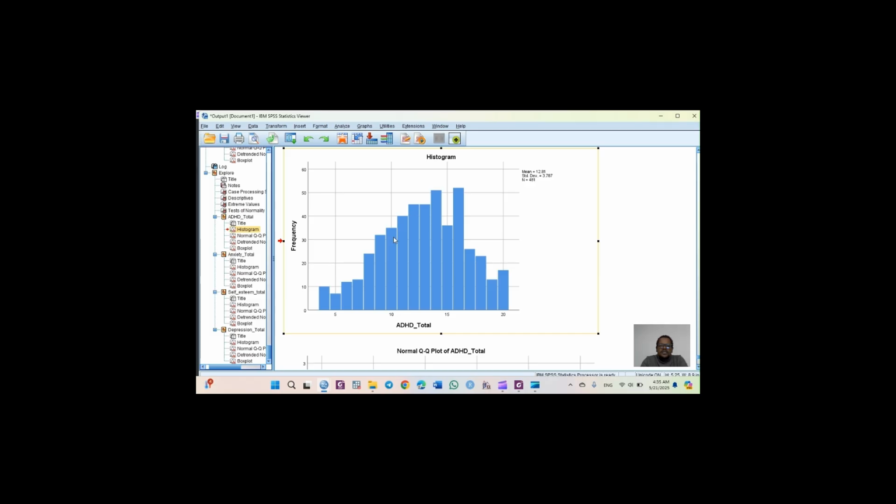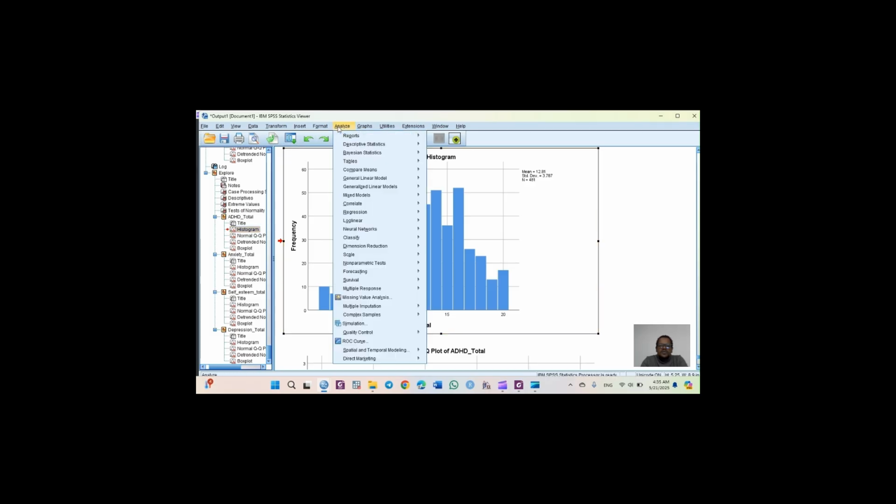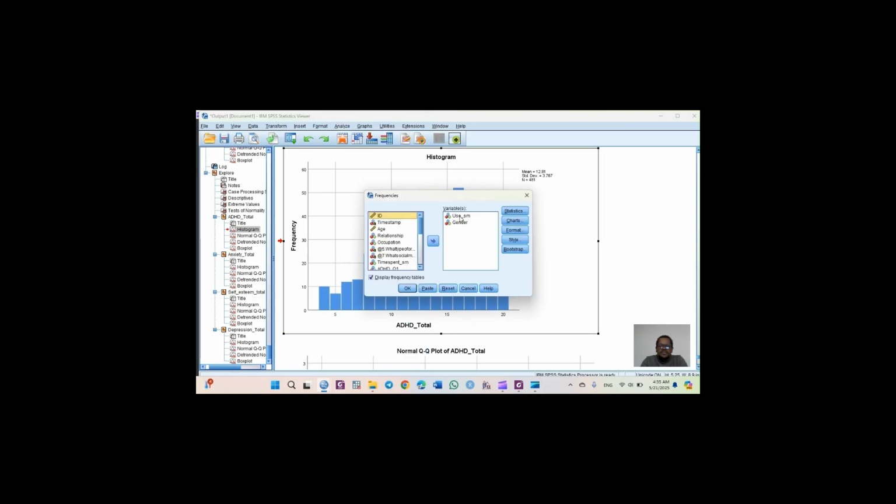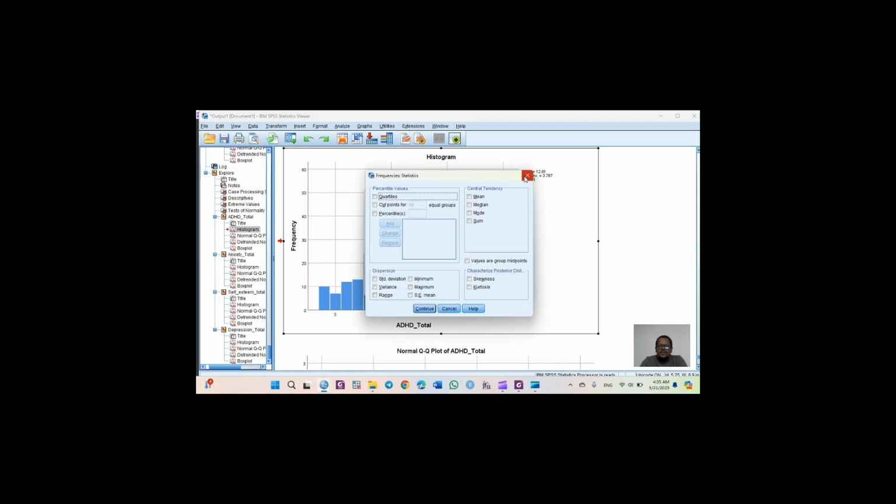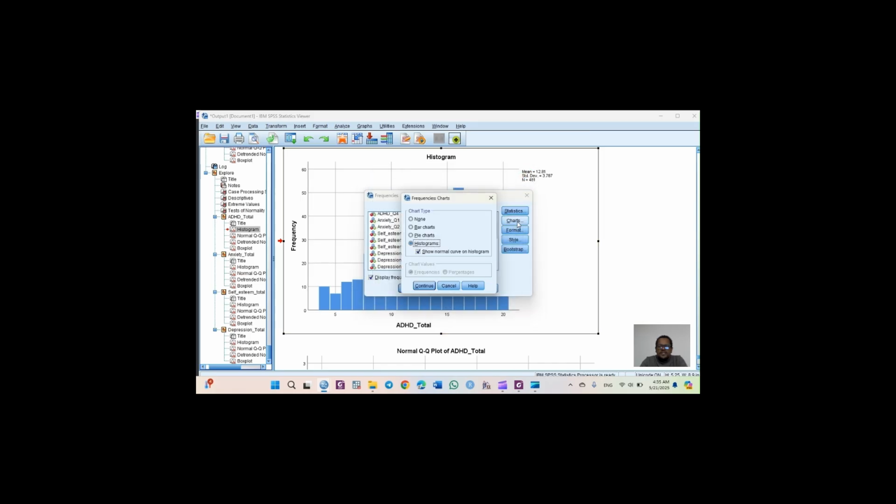For example, in the explore option we don't have the shape, so let's go to frequencies. Let's bring our variables here. We don't need that, just charts. Histogram, good.